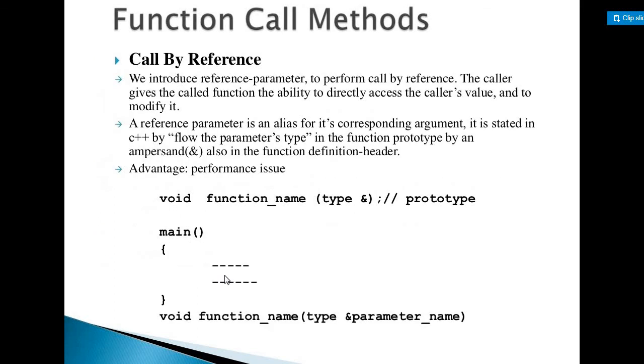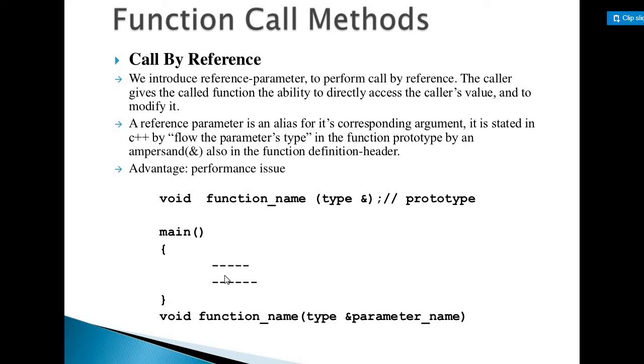Now call by reference. We introduce a reference parameter to perform call by reference. The caller gives the called function the ability to directly access the caller's value and to modify it. A reference parameter is an alias for its corresponding argument. It is stated in C++ by following the parameter type in the function prototype with an ampersand, also in the function definition header.